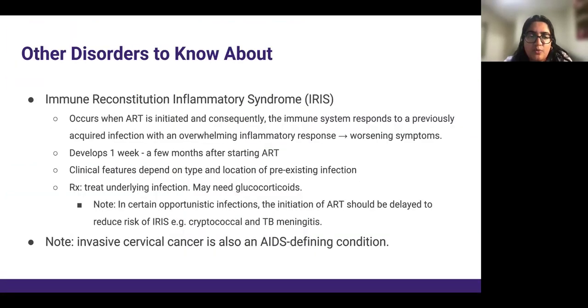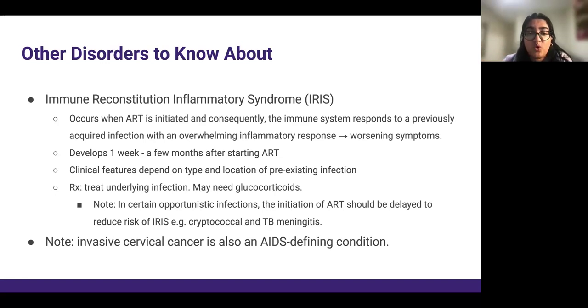One of the last things I want to speak about is the immune reconstitution inflammatory response. Kind of like syphilis, when therapy started against the HIV, the immune system responds to one of the previously acquired infections with a really big inflammatory response, and this often worsens symptoms.